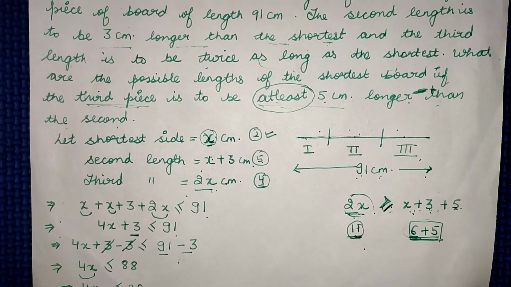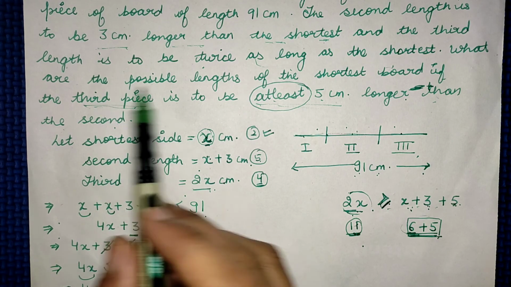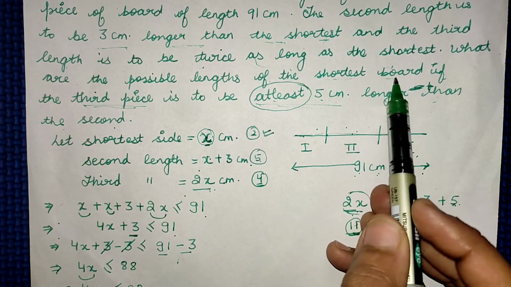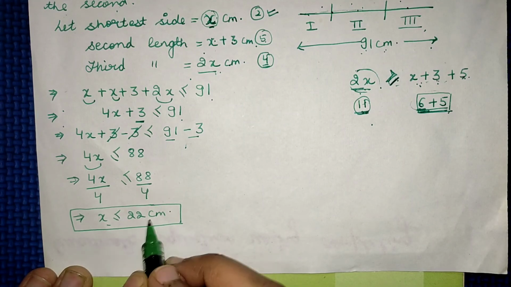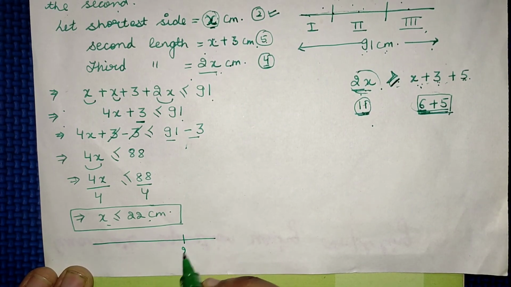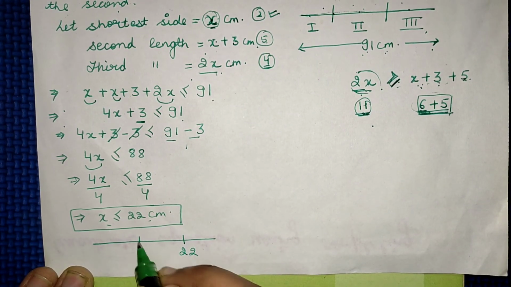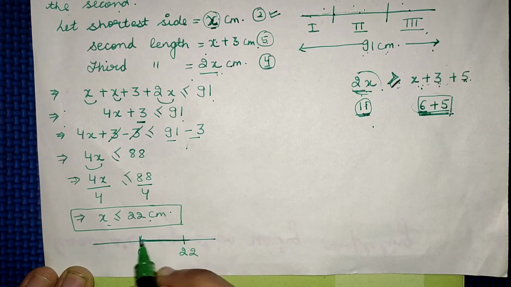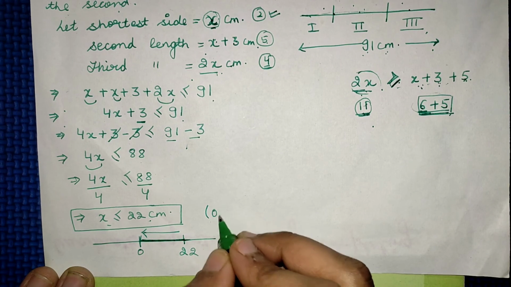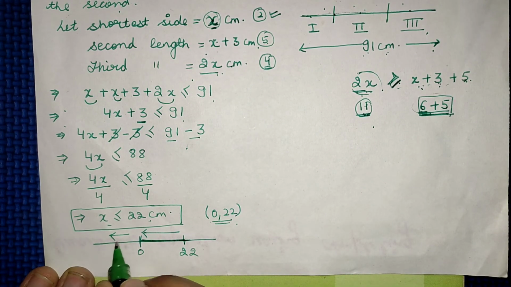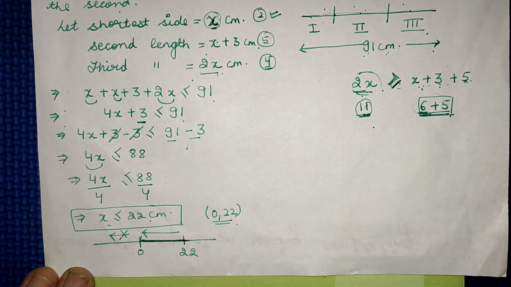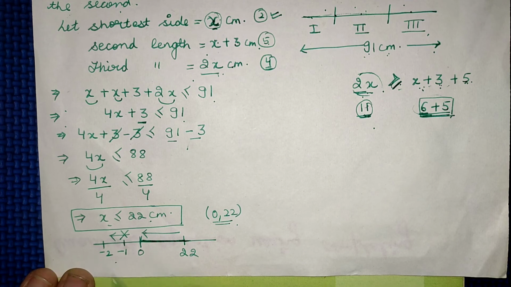What they were asking in the first part was, what are the possible lengths of the shortest board? On the number line, they are saying that it should be less than 22, which means the value can be between 0 and 22. Negative values are not possible because this is a dimension, and for a dimension negative values are not possible.